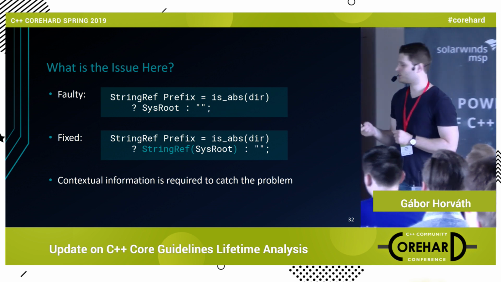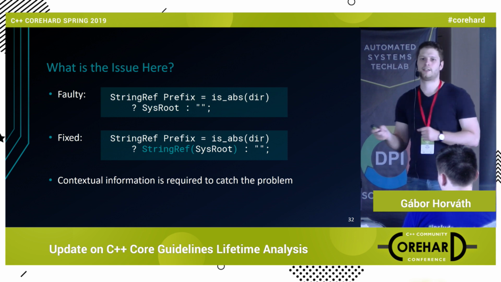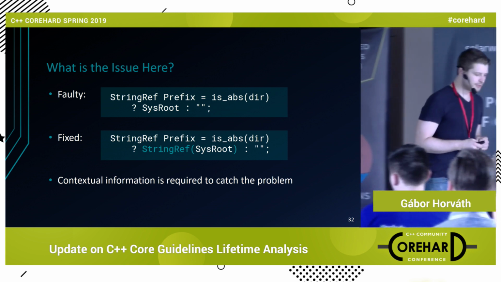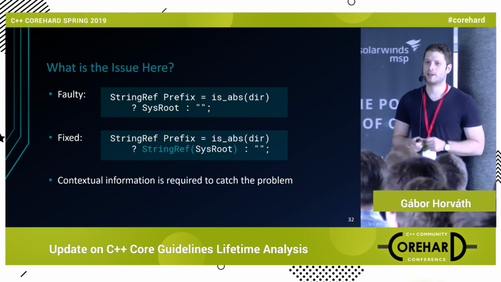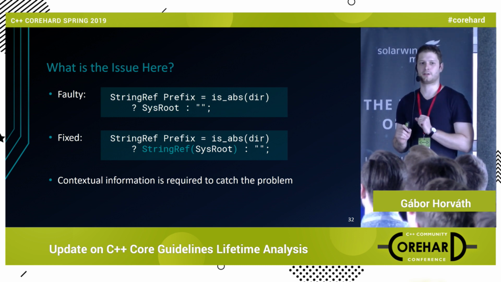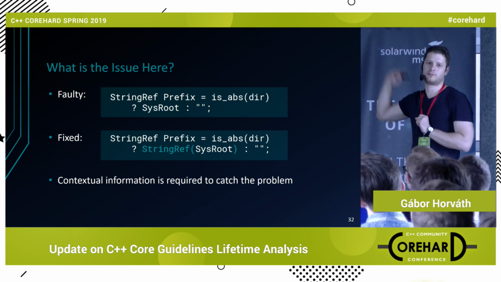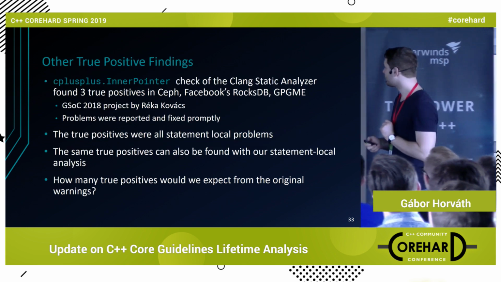So this is what makes it useful, and this is why I believe this will be a worthy addition to Clang. And if everything goes well, I really hope that in the next major version of Clang, you can add one simple flag to your compiler invocation and then get useful warnings like this.